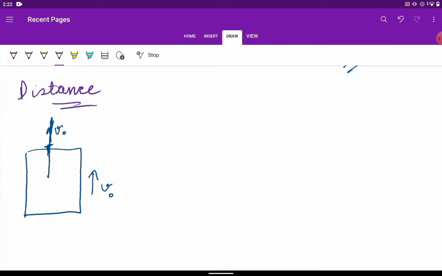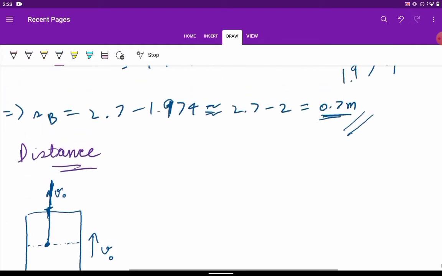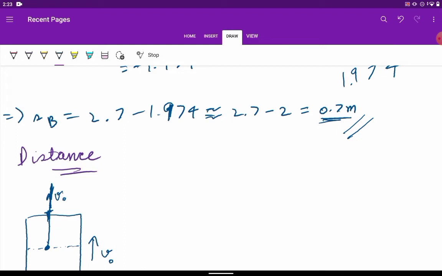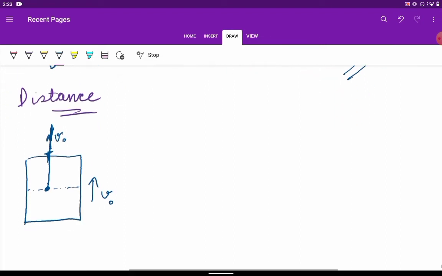Now in the meantime, this elevator rises up by a certain distance, and at t equal to 2.7 seconds they collide, and obviously the displacement of the bolt is 0.7 meters.